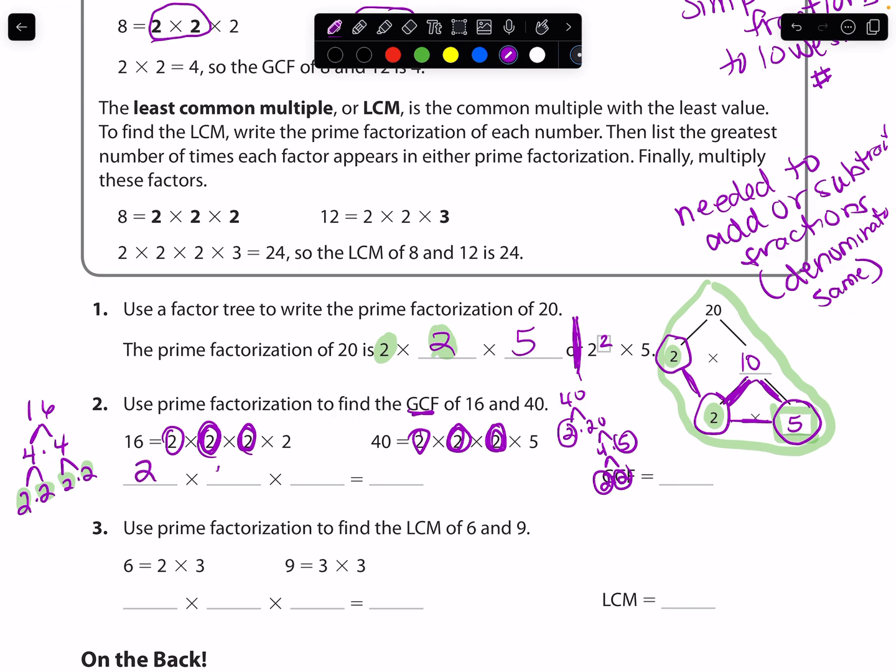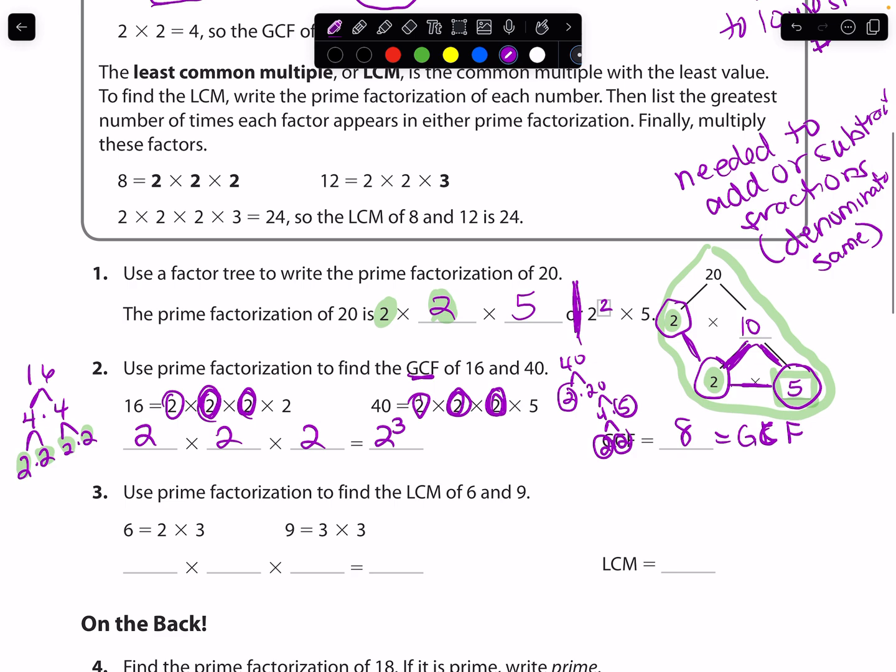So that means my GCF is only 2 to the third, which is 2 times 2 times 2. 2 times 2 is 4, times 2 is 8. So our GCF is 8. Greatest common factor is what you're going to use to simplify your fractions, and prime factorization would be to make them have the same denominator.